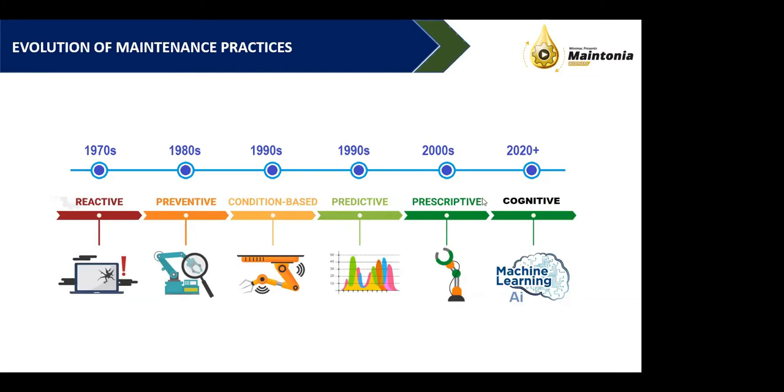Then prescriptive maintenance is a concept which was working well. Now we are entering the new era, that is cognitive. In cognitive maintenance, we are implementing decision-making capability in the equipment.